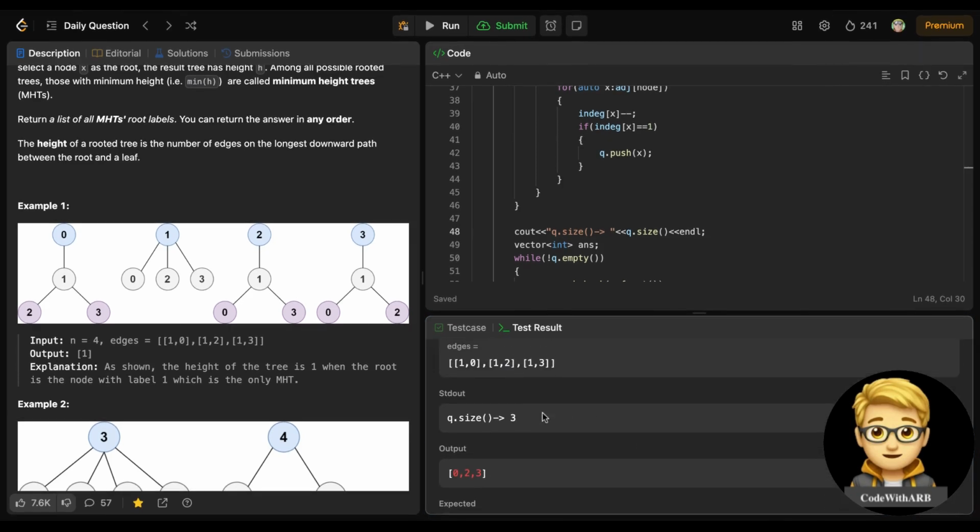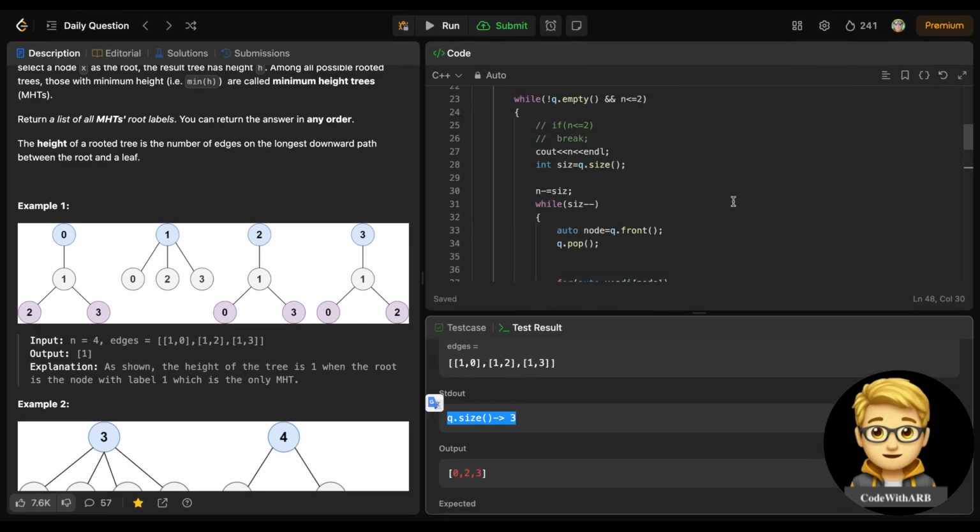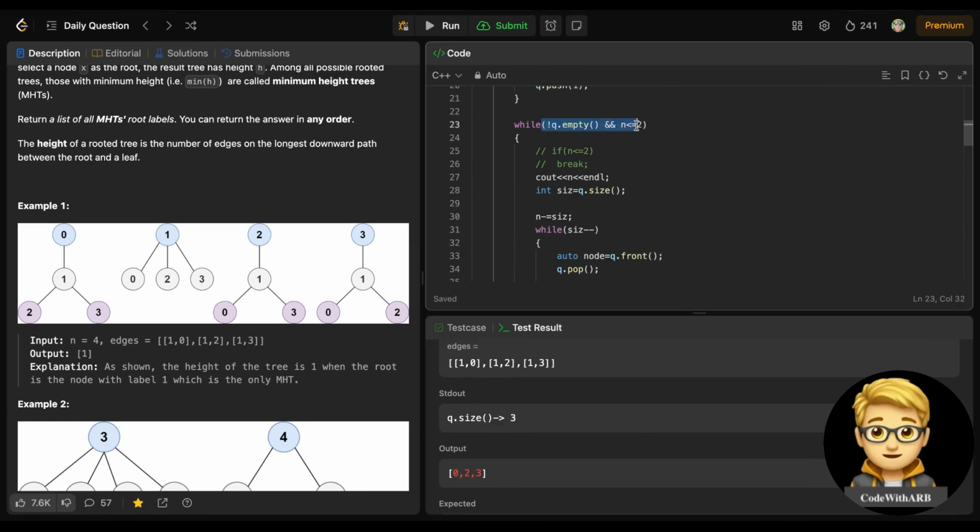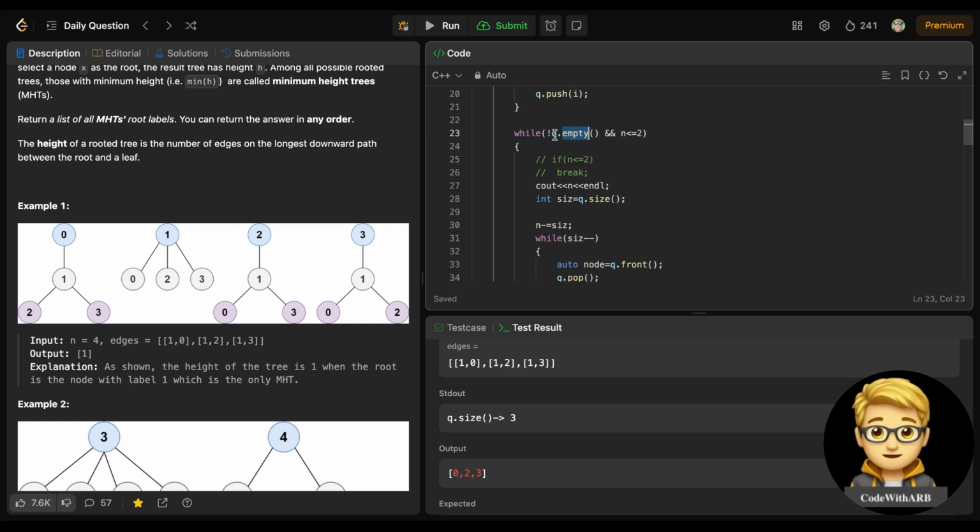So this q dot size is 3, and okay, we are not inserting in this loop. Why? Q dot empty should be 0, so it becomes 1, and n is less than or equal to 2, which is correct.